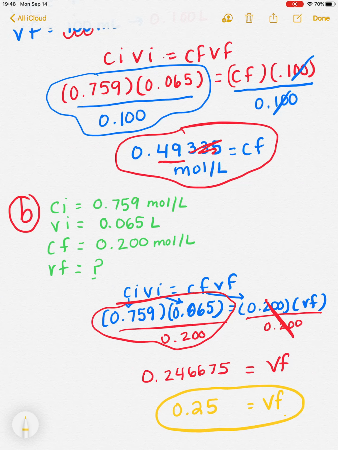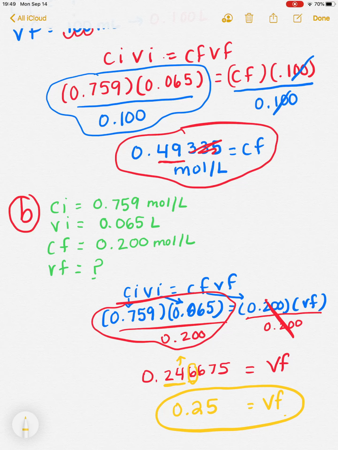How I got that, just to refresh you, we want to keep 2 decimal places, so we always need to look at the next one. If this next one is 5 or higher, then this number will go up, okay? If it's lower than a 5, then it would just stay the same as 0.24. So it's 0.246, we round that up to 0.25.